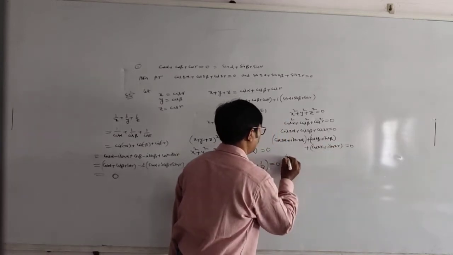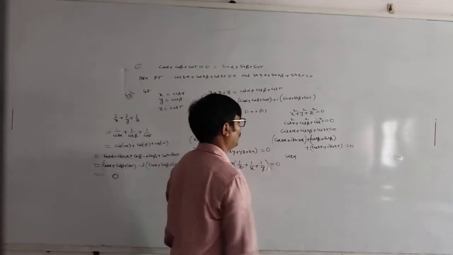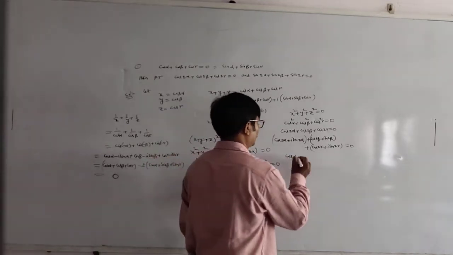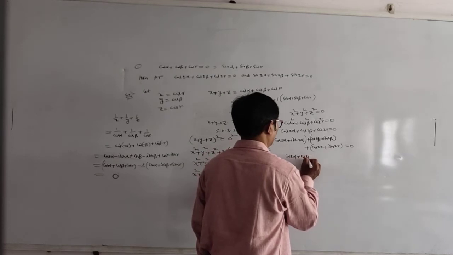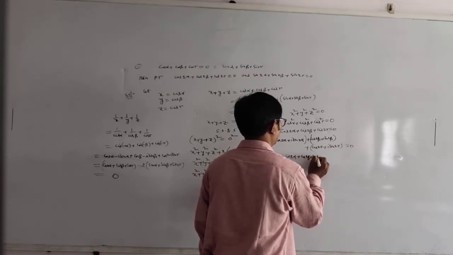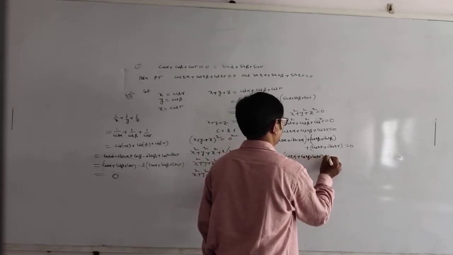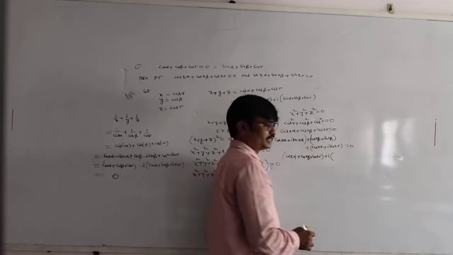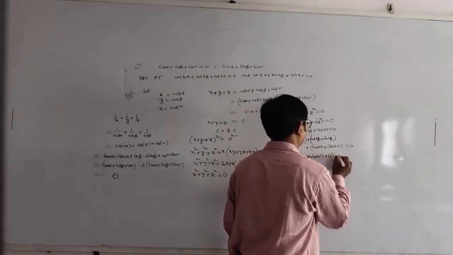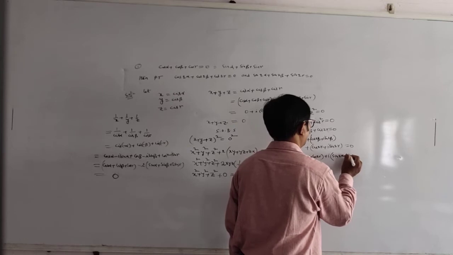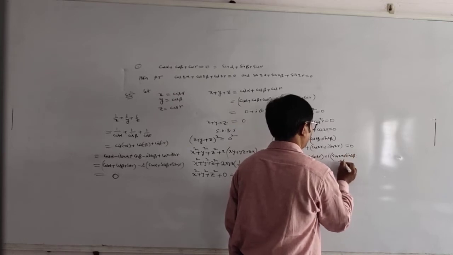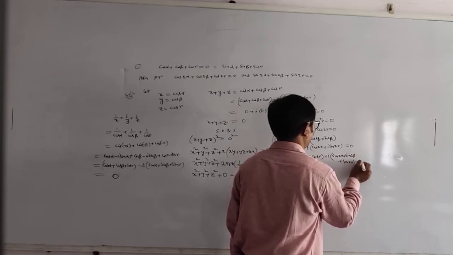Now students, the real part is cos 2 alpha plus cos 2 beta plus cos 2 gamma, plus i into sin 2 alpha plus sin 2 beta plus sin 2 gamma, equal to 0.